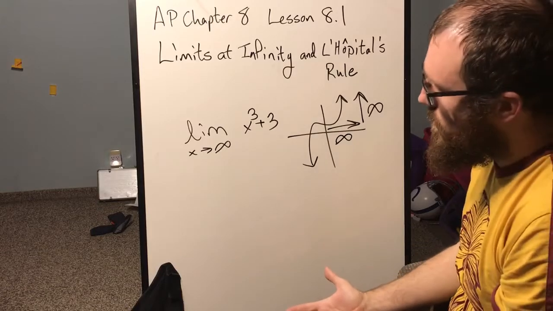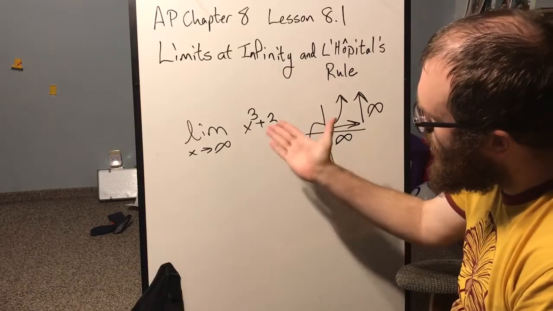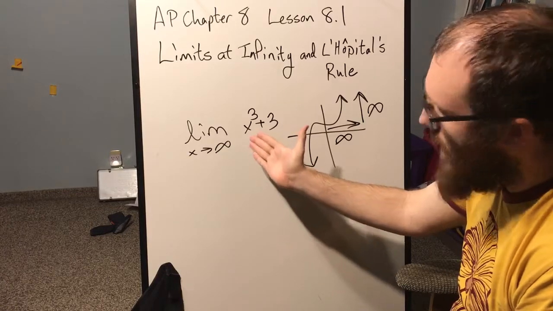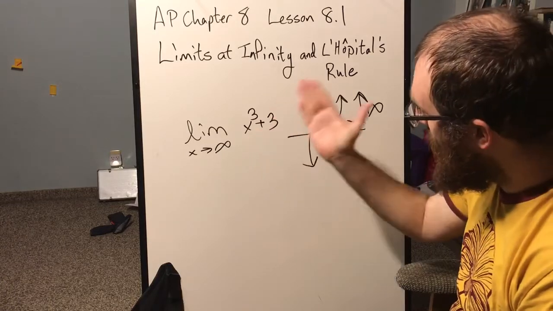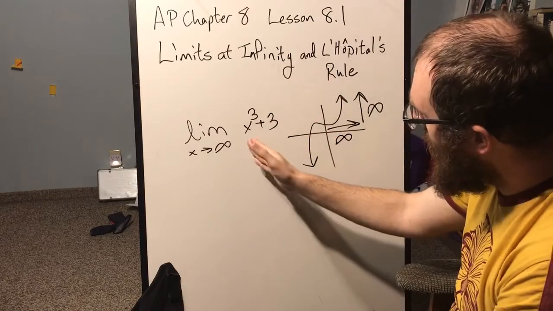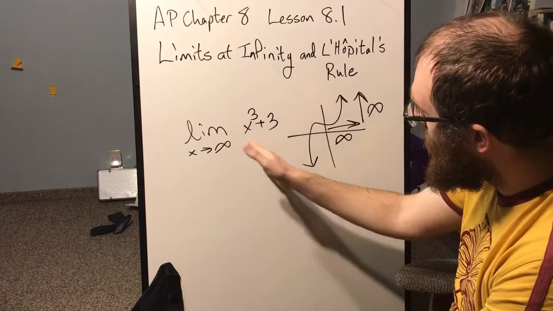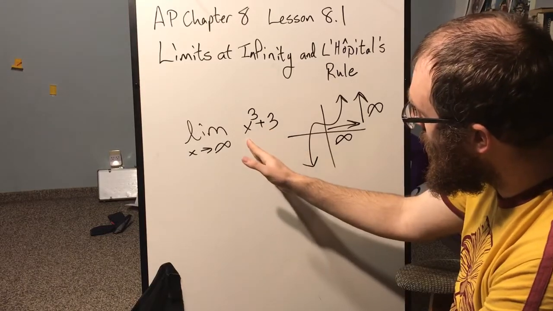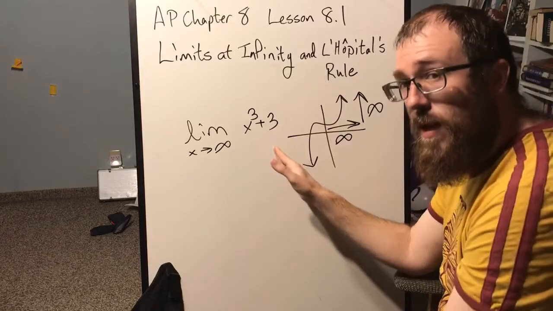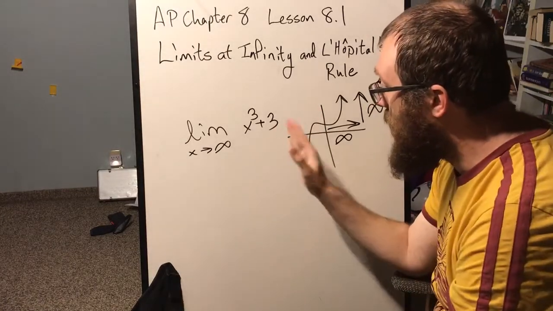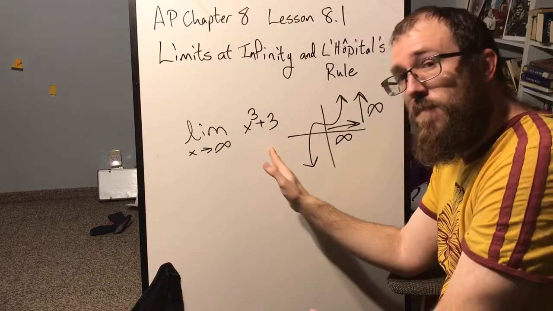Another way to look at this is to ask myself, okay, if I start putting numbers in this, where am I headed? If I put 0 in here, I have 3. If I put 1 in here, I have 4. If I put 2 in here, I have 11. If I put 3 in here, all of a sudden I have 30. And then this starts really expanding. If I put 4 in here, I have 67.